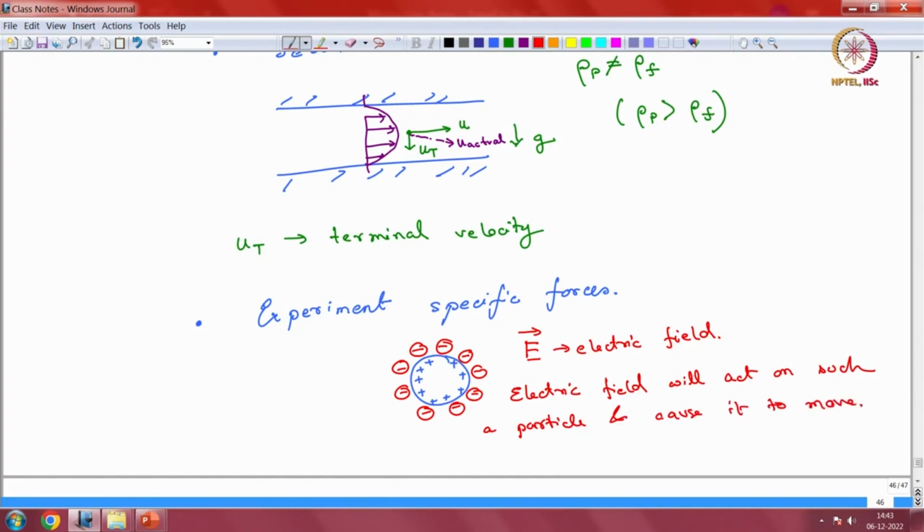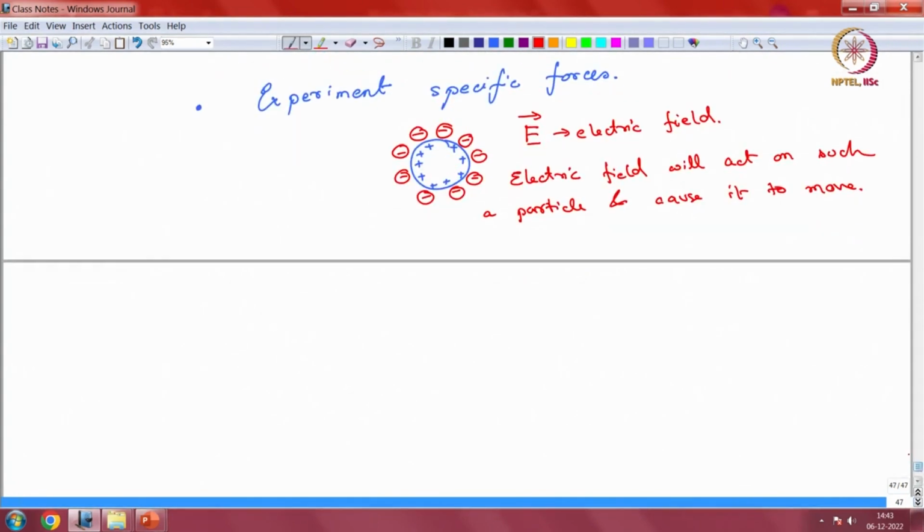This happens in electroosmosis, for example. You can have another obvious case, which is magnetic fields, and particles which are polarizable and can develop a magnetic moment, and then those particles will also not follow the fluid flow as much. Right.